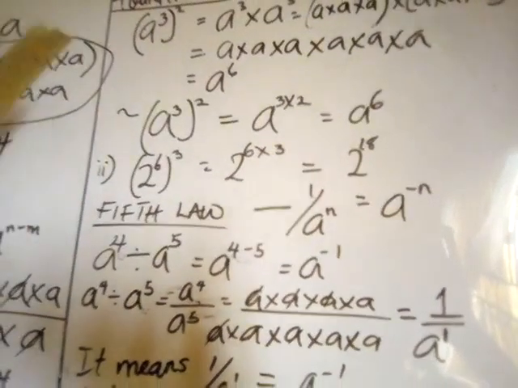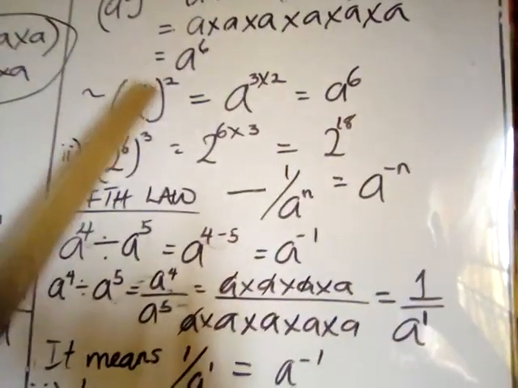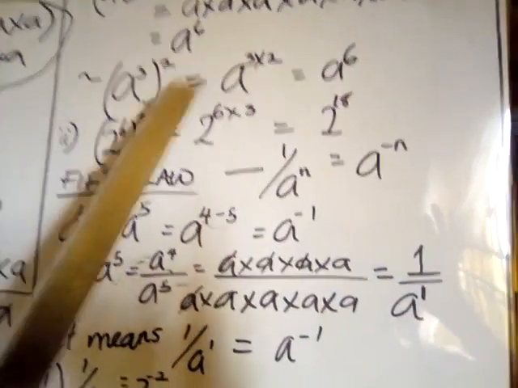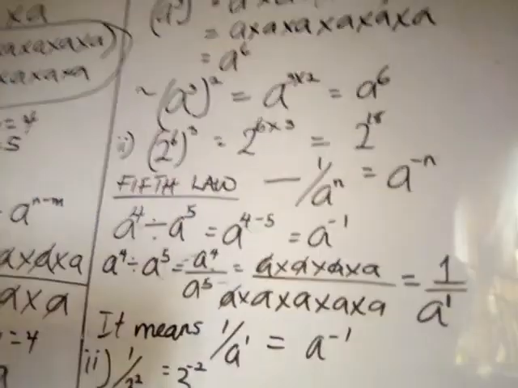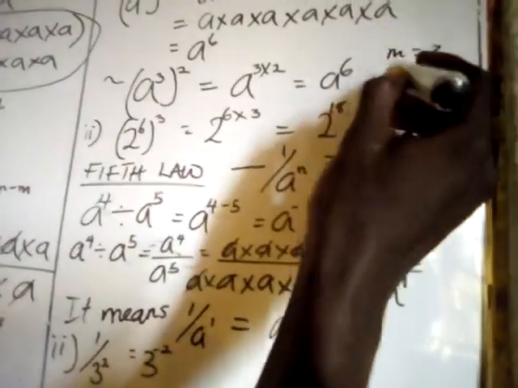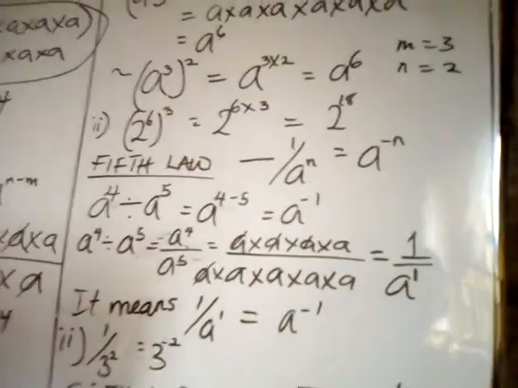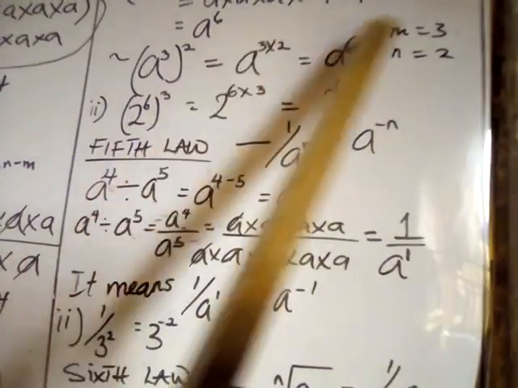So in another way, you can say a raised to power 3, open close bracket 2, is equal to what? Where this 3 represents m, and m is equal to 3 and n is equal to 2. You get now? What is our m? m is 3.